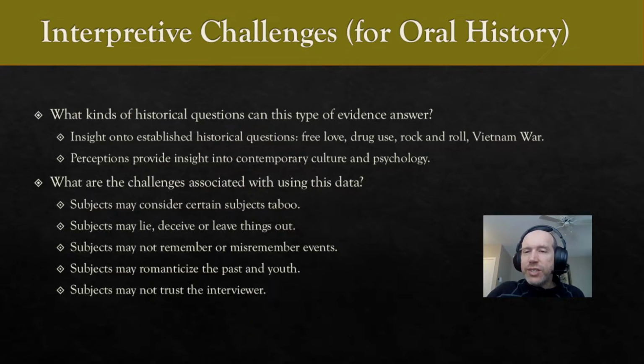You're dealing with witnesses that may have experienced something 40 years ago. So how reliable is this type of memory? And what techniques could an oral historian use to cross-reference and verify this, to help people to recall these events?